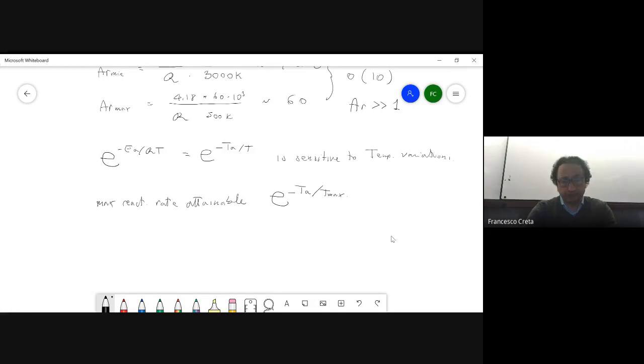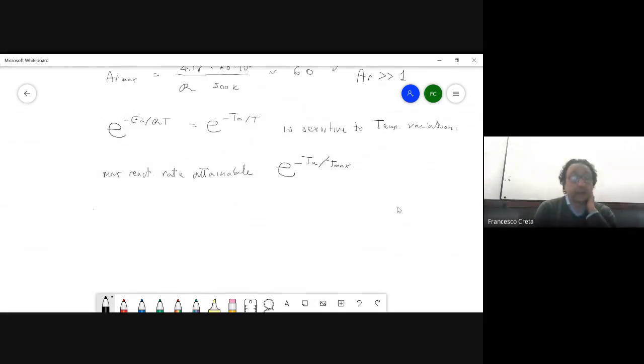So what we can do is non-dimensionalize the factor e to the minus TA over T with respect to the maximum possible value. So this fraction here will vary from 0 to 1. So 1 means essentially that the temperature is such that it's T max, so we've attained the maximum possible reaction rate, or T can tend to very small values, and so the reaction rate is almost 0. Well, this is easy to express.